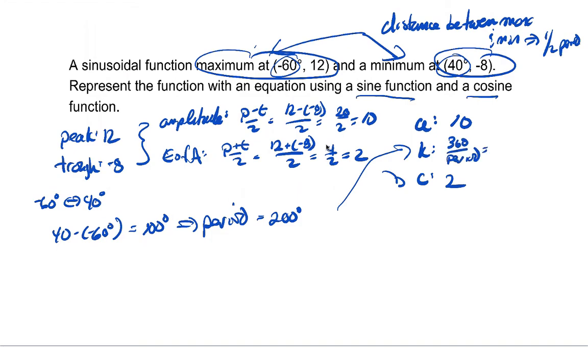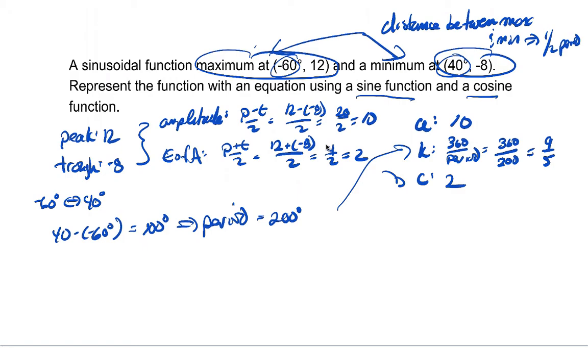In this case, it's going to be 360 over 200. And then we can simplify that to be 36 over 20, divided by 4, so 9 over 5. Let me double check. Divide by 40, yes, 9 over 5.